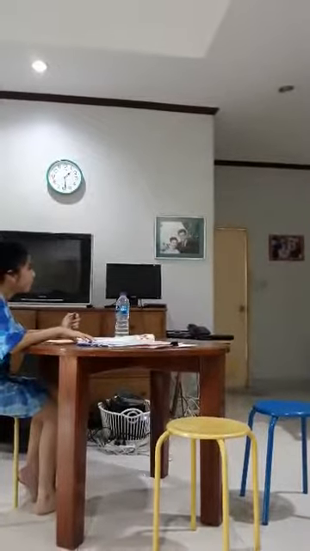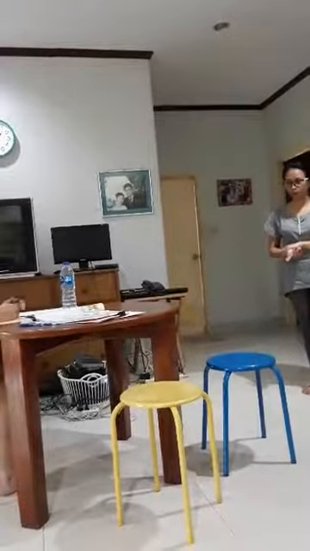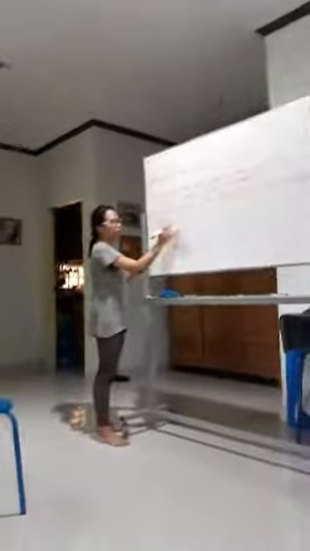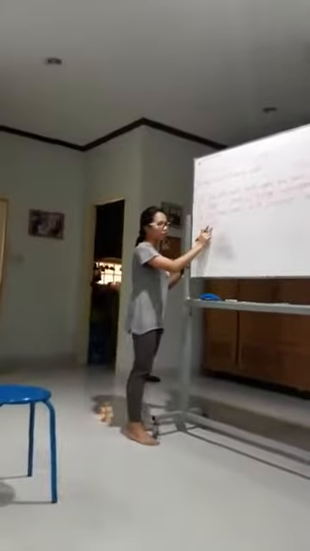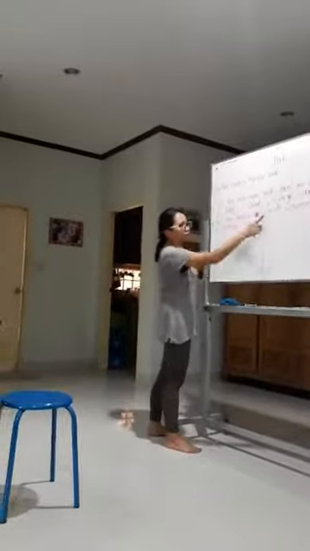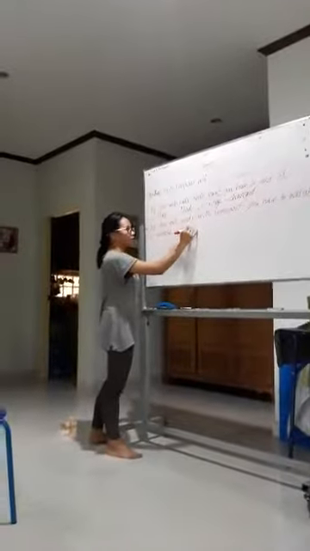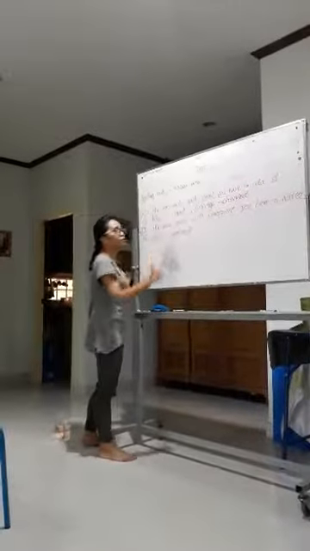B-U-Y, that is irregular. We change spelling for that one. Pack. Can you spell it for me? P-A-C-K. Okay, we are going to pack some things. So it ends with letter K, and it is consonant. So what does it say? That if it ends with consonant, you're going to add ed. Okay, very good. Another one.